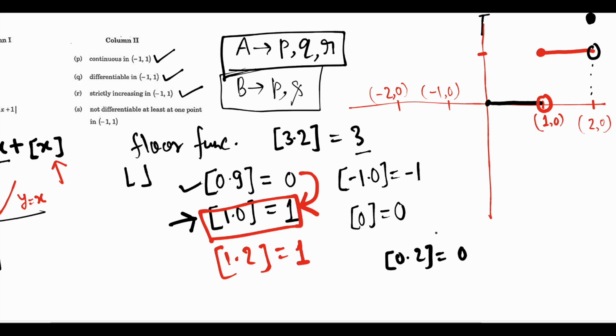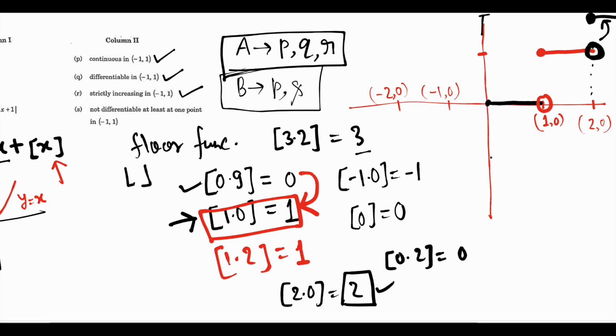Now this is for positive x values, but now we will try to understand how the floor function will be plotted and how it behaves for negative x values.